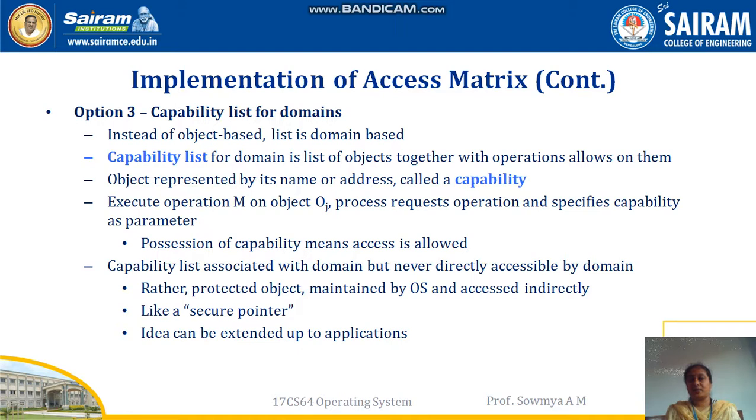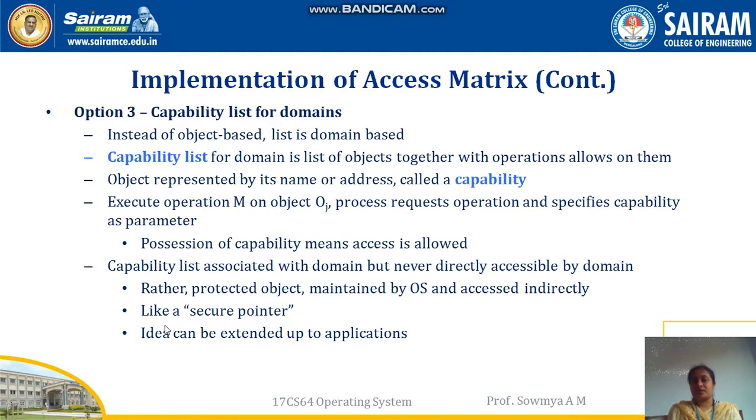Next, implementation of the access matrix as a capability list for a domain. Instead of being object based, it is domain based: a capability list is created. Leave aside objects and domains. A capability list is created for the domain, listing objects together with the operations allowed on them.